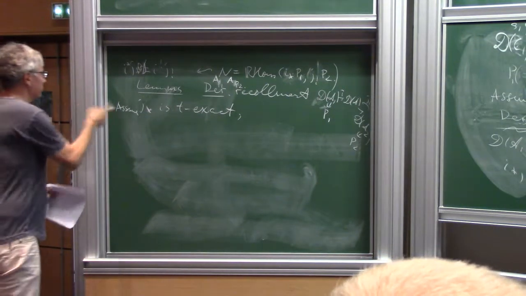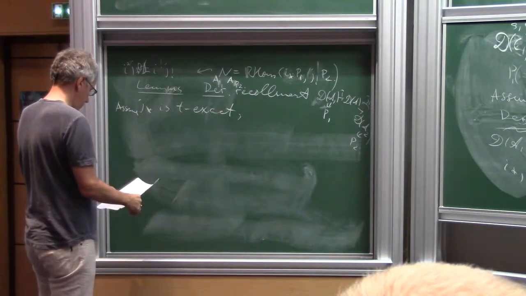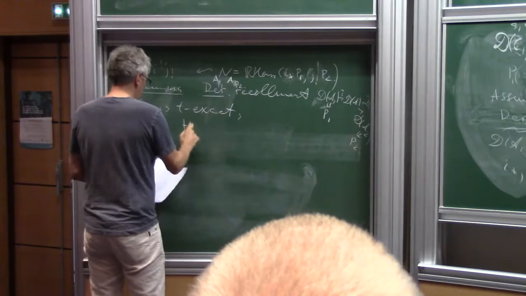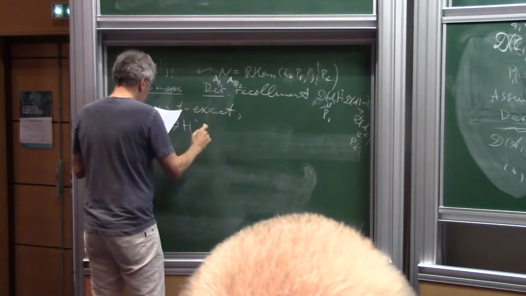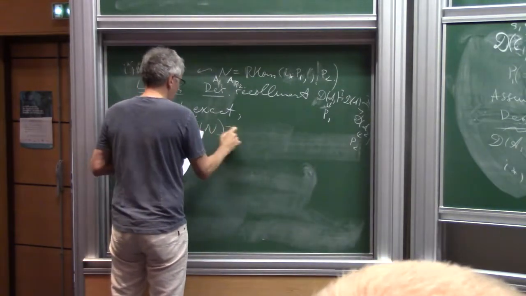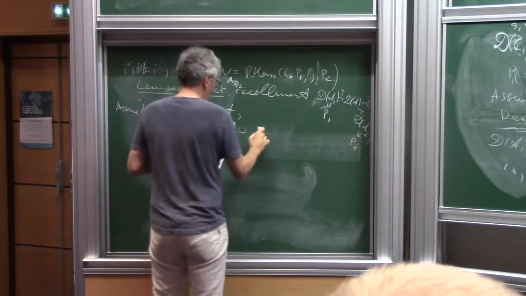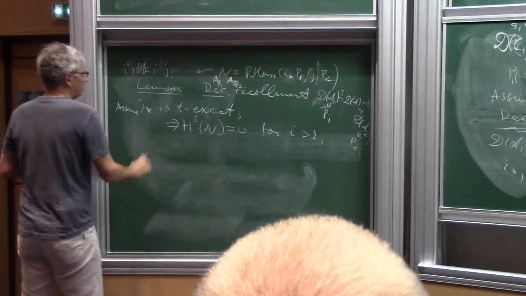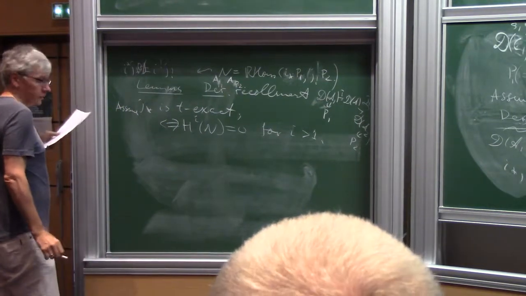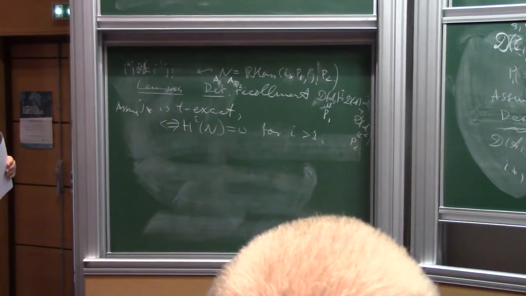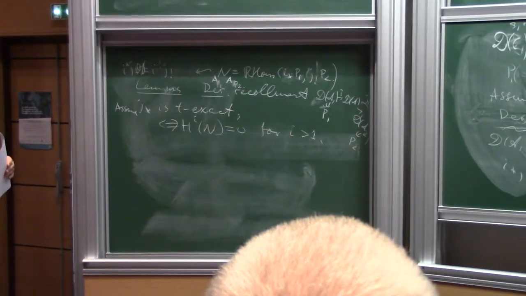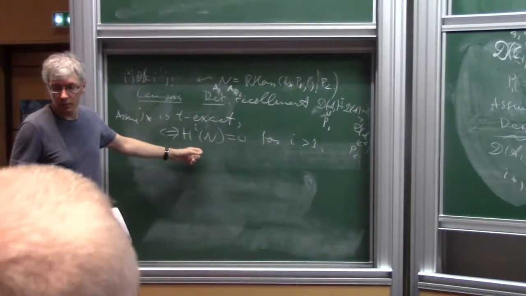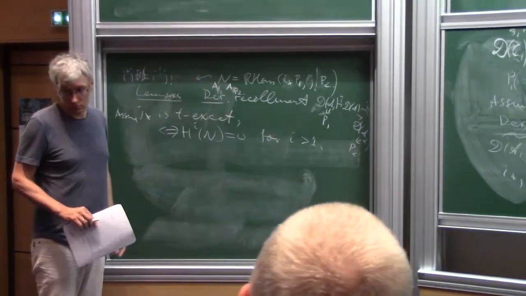So now exactness of j lower star is about the cohomology of this bimodule N: H^i of N is 0 for i greater than 1. Moreover, it's if and only if. It's a complex of bimodules, and a priori it goes in both directions.